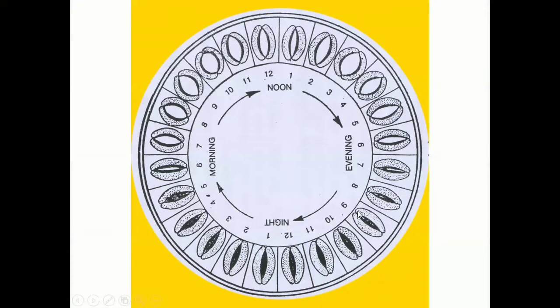During the night period, maximum stomata are closed, and during the evening they start to close. In the morning they are widely open, and at noon, between 12 and 1, the size of the stomatal opening somehow reduces.